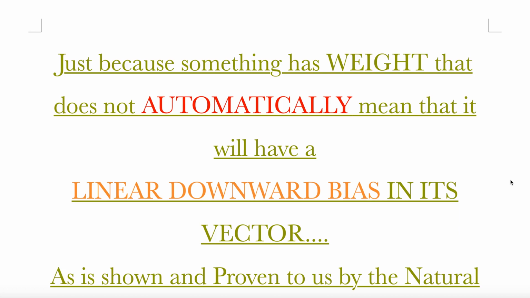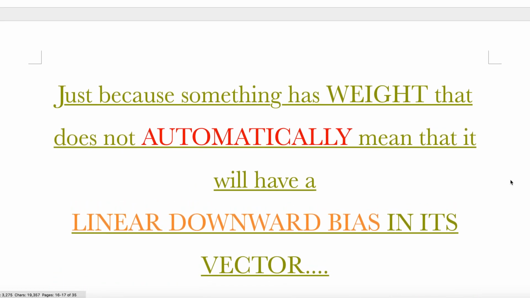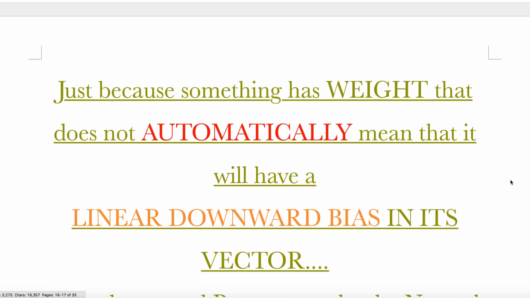That's important. People automatically view weight as a linear downward bias due to gravity being used as a downward pulling force for a long time, and then obviously it's been changed away from that to an effect, but that has people basically brainwashed into believing weight means things go down.